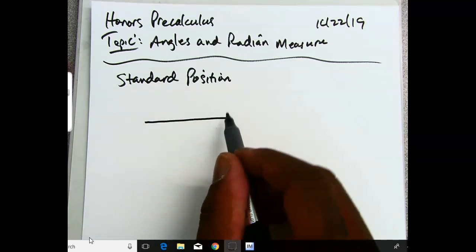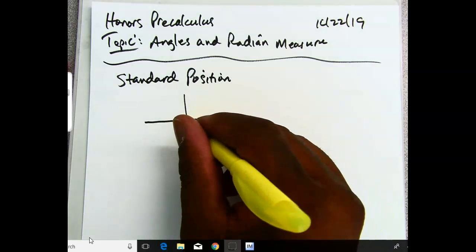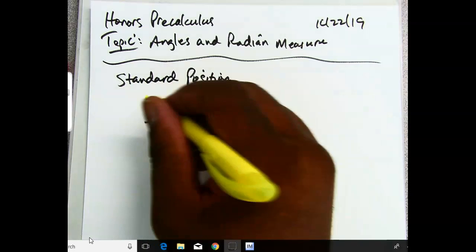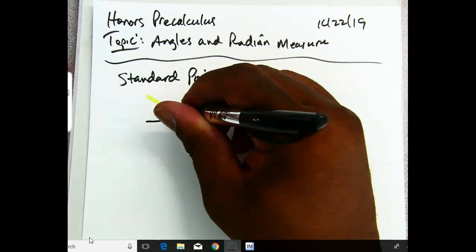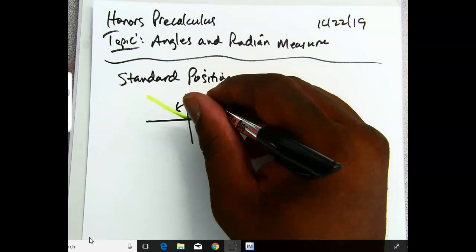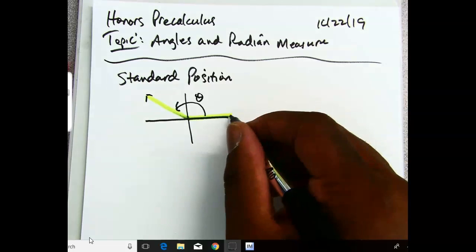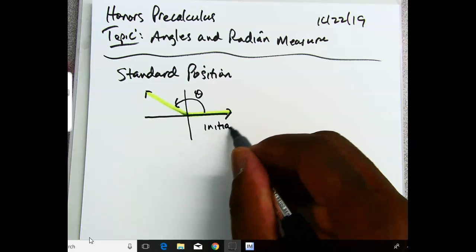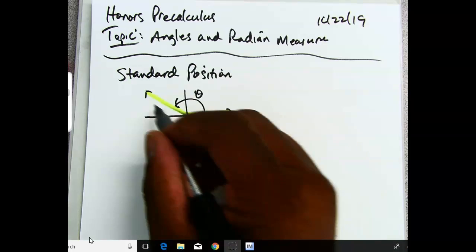We define that as an angle whose initial side lies along the positive x-axis and whose terminal side is rotated about. The positive angle measure goes counterclockwise. So we have an initial side and a terminal side.